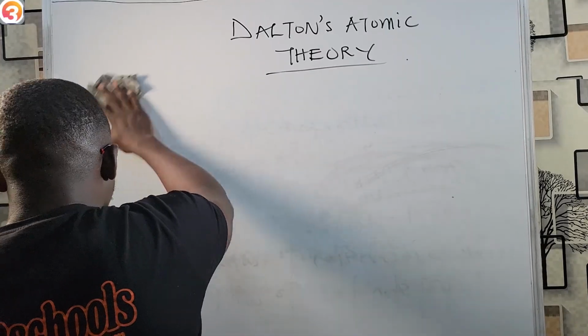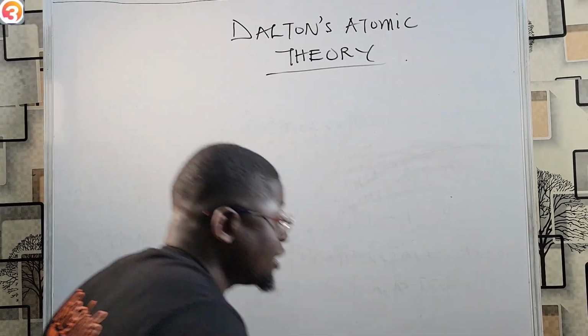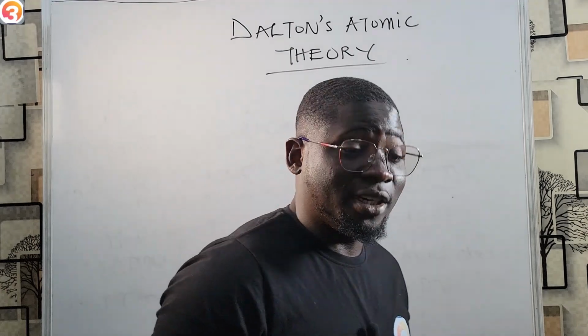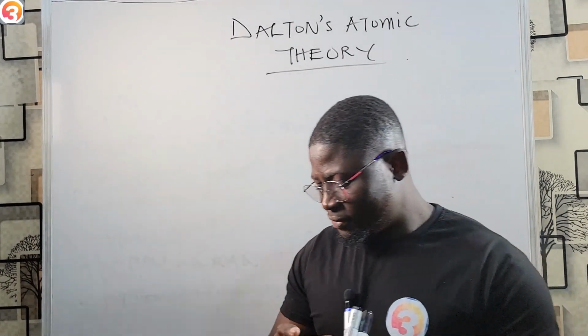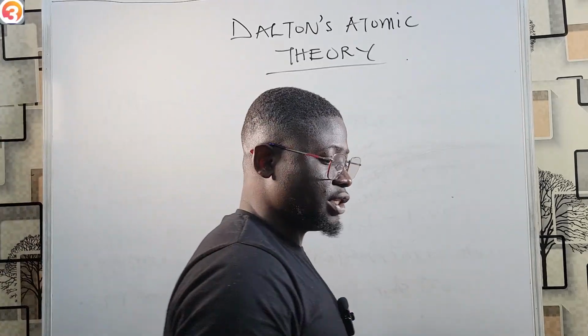Number 2 states that atoms can neither be created nor destroyed in a chemical reaction. That one is very correct, because it corresponds with the law of conservation of mass.